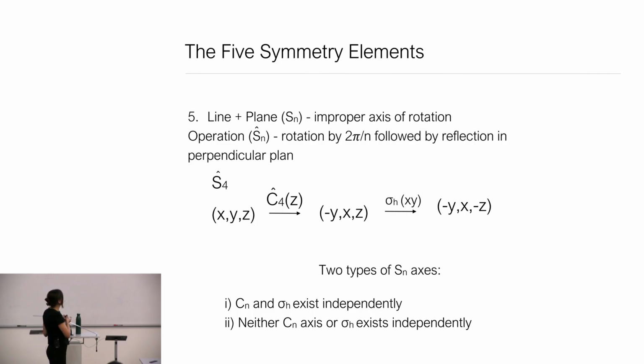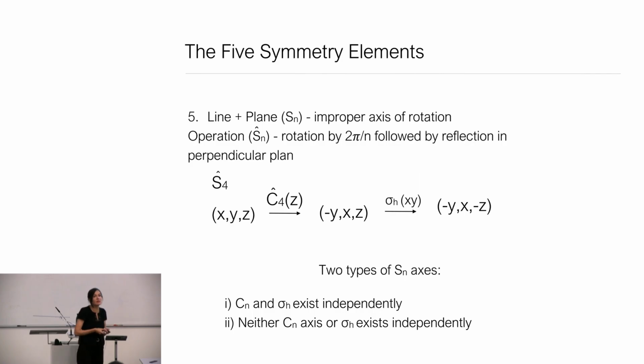And so what happens here is that my C4 axis, of course, now switches the ordering of y and x, taking x into minus y, y into x, just as we did before. And because I'm rotating along z, z is unchanged. And now if I do a sigma h with an xy, that means my xy positions of minus y and x are unchanged, but I take z into minus itself.